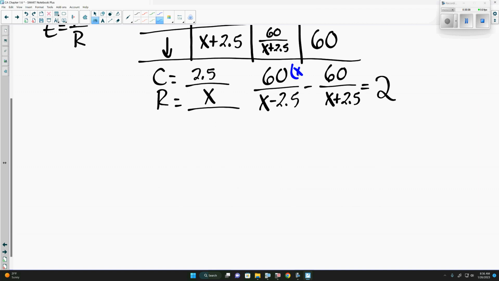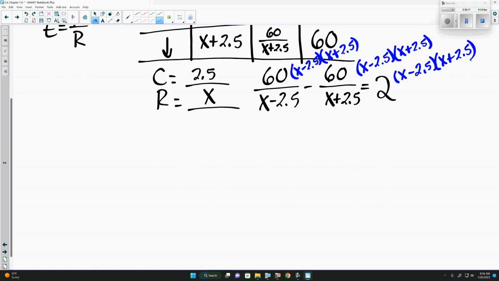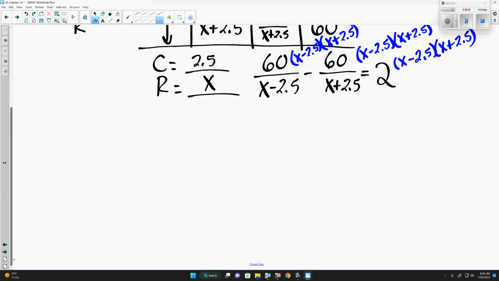Now at this point here, we're going to multiply everything by both denominators. x minus 2.5 and x minus 2.5 cancel. x plus 2.5 and x plus 2.5 cancel.